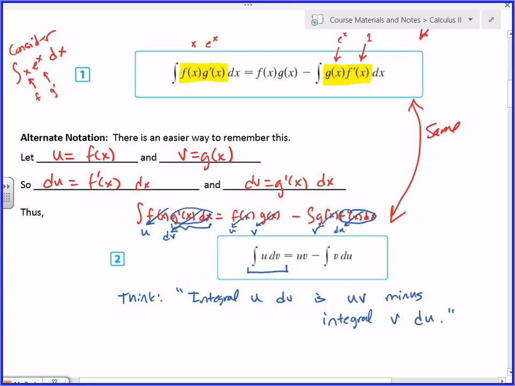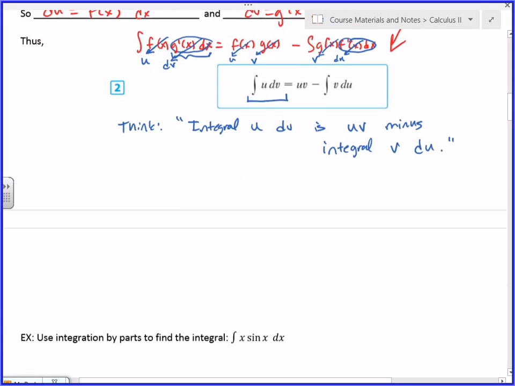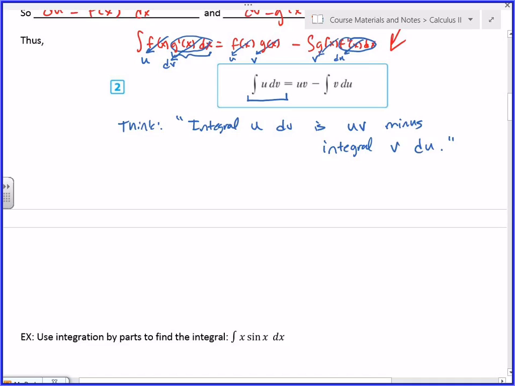Integral u dv is uv minus integral v du. That's integration by parts. You say that as often as you say the first times derivative of the second plus the second times derivative of the first, or low d high minus high d low over low low. You've got all these little mnemonics in there. This one, just say that shortened version of the formula over and over to yourself.